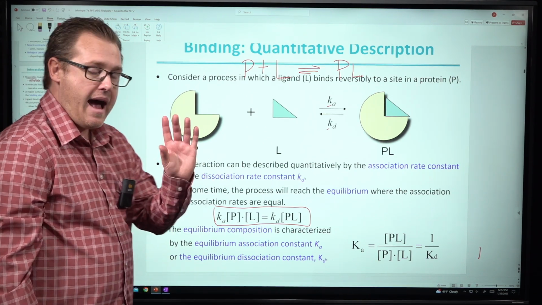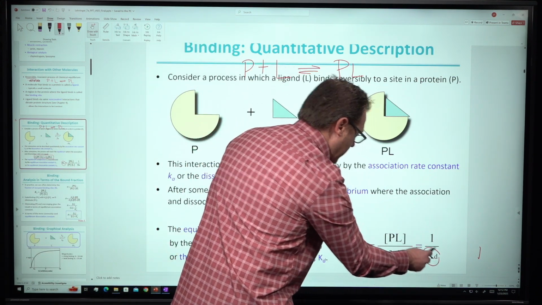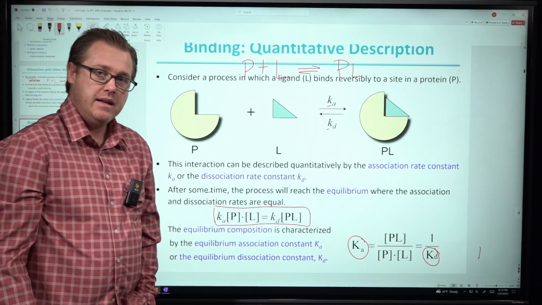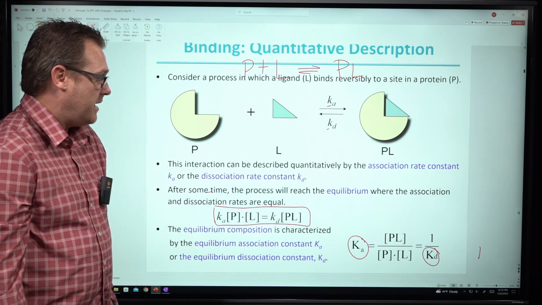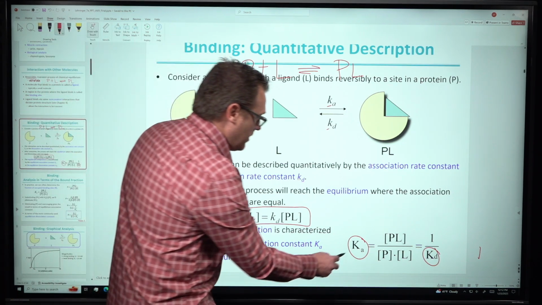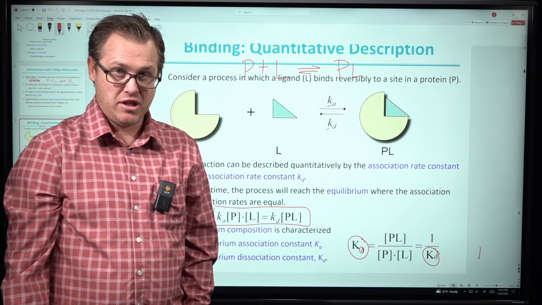Now we have capital K and capital K right there. Capital K is looking at equilibrium, and the Ka, this little a right there, represents the association.